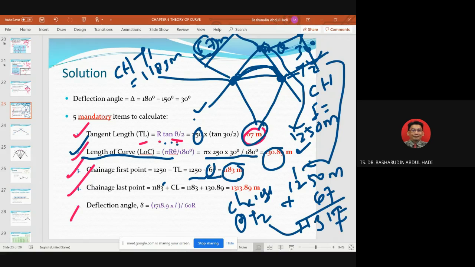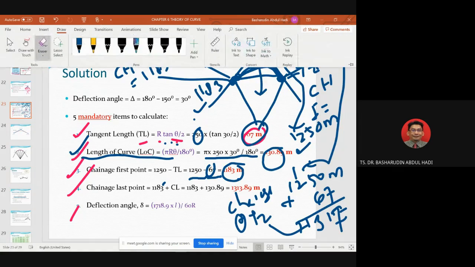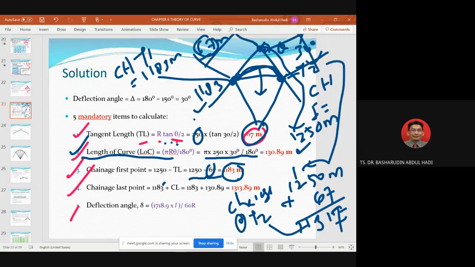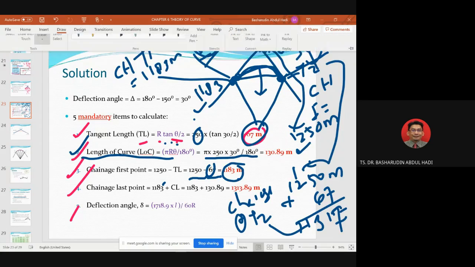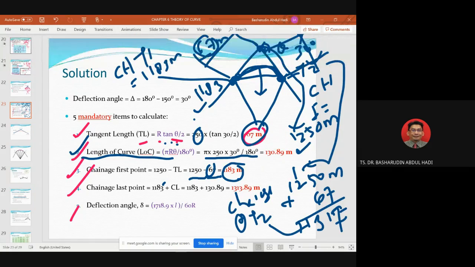First point 1183, you plus with this curvature length, 130.89.